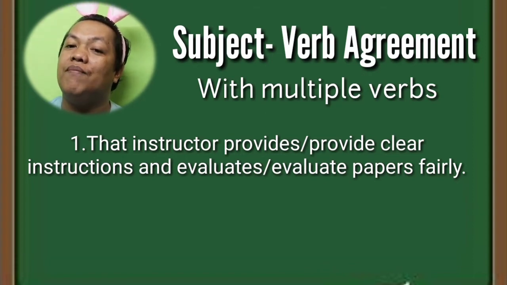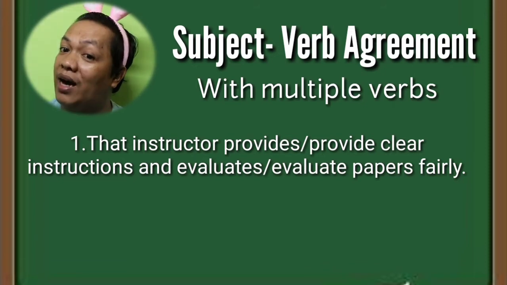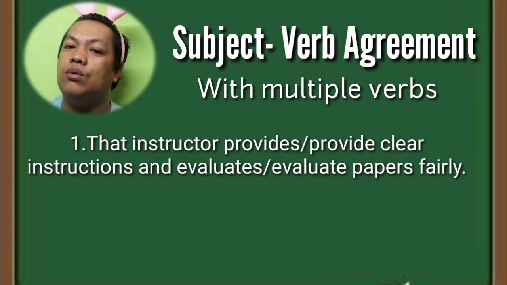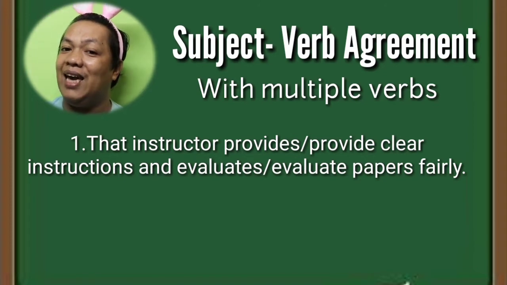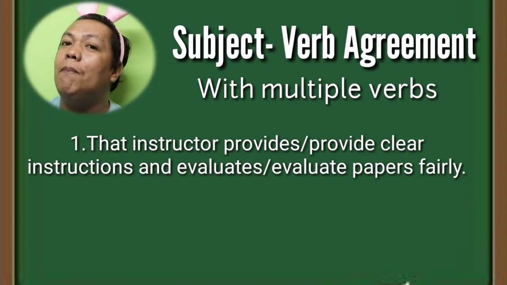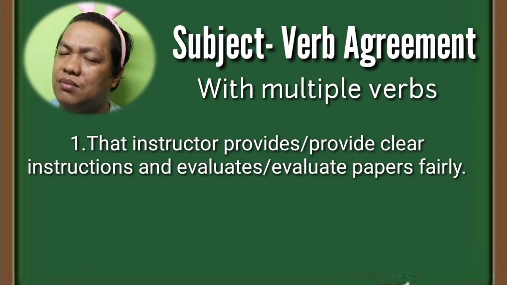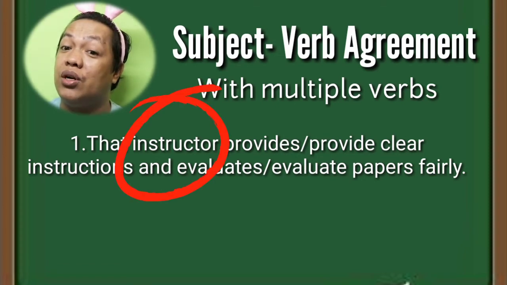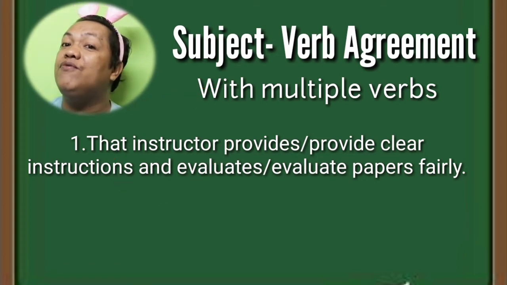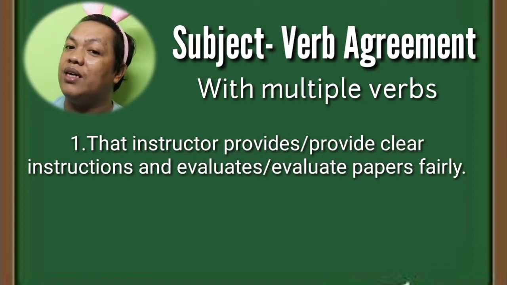Verb number 1, provides or provide, and verb number 2, evaluates or evaluate. Again, the subject must agree with both verbs. The subject in the sentence is instructor. The verbs: provide or provides, and evaluate or evaluates.